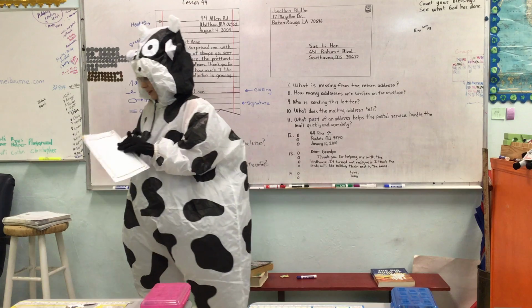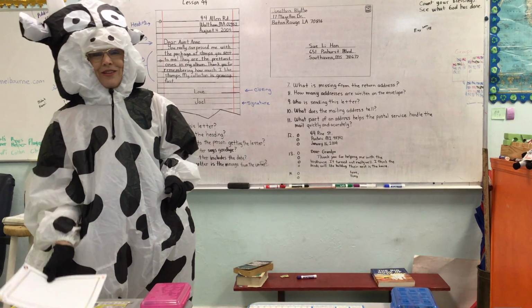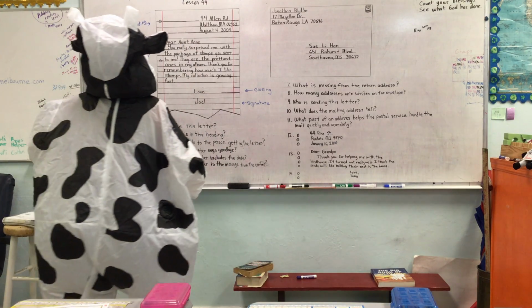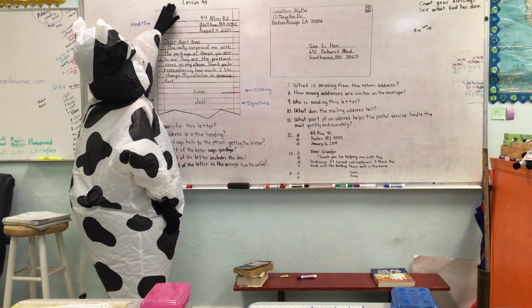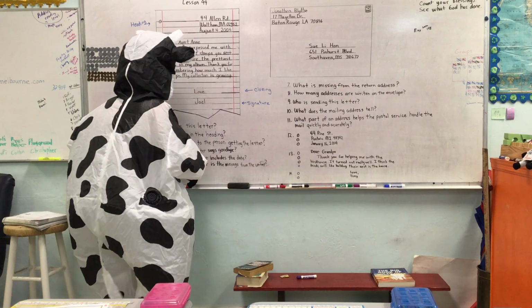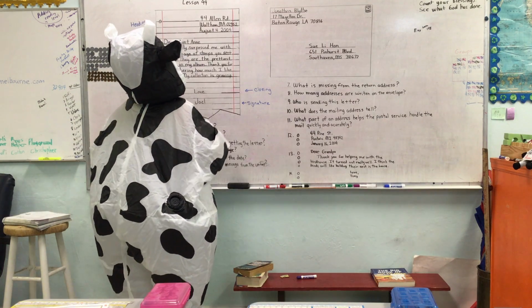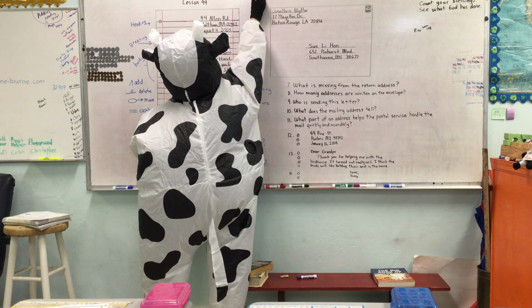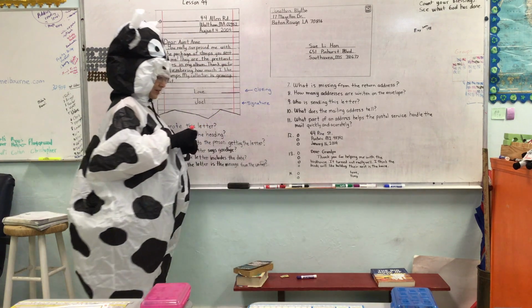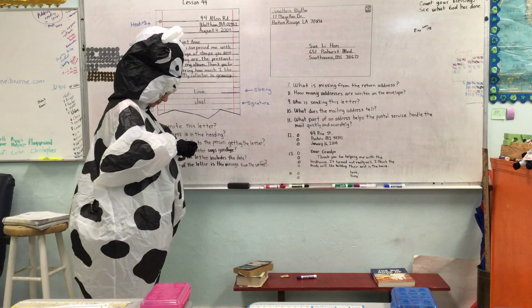Okay, now we will go ahead and get started with our lesson. Here we go, we are on chapter 10, review. And remember, this is a quiz right here. This is a quiz, so you need to take your time to get this right.